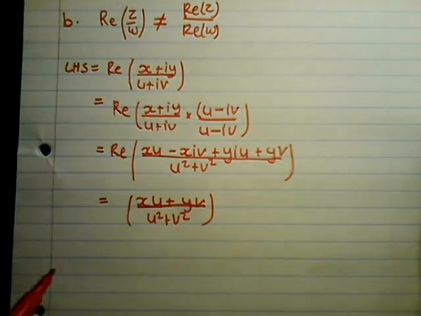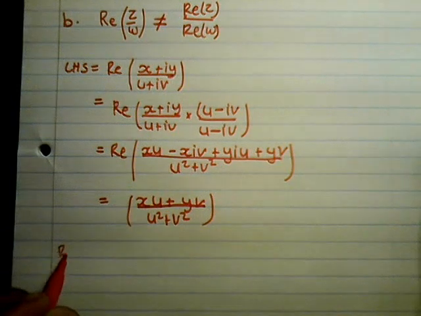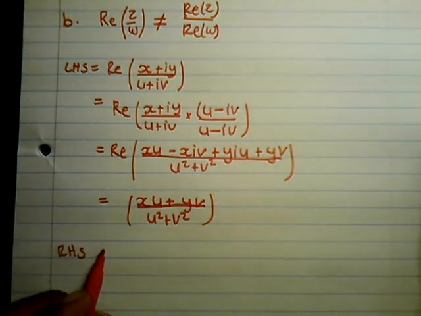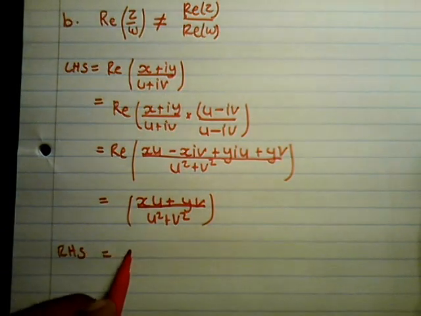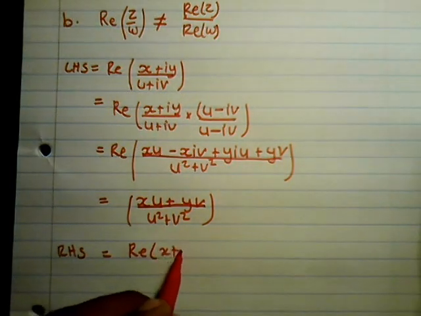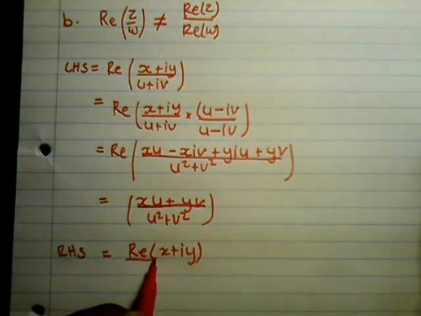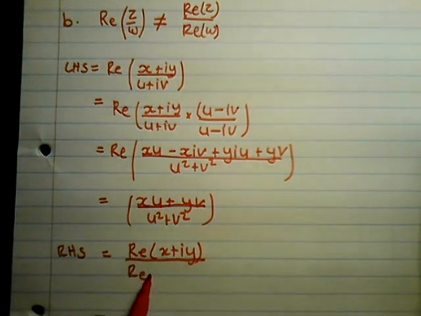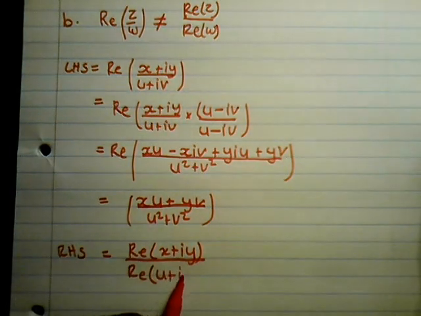Now the RHS, which is equal to the real part of (X plus IY) divided by the real part of (U plus IV).